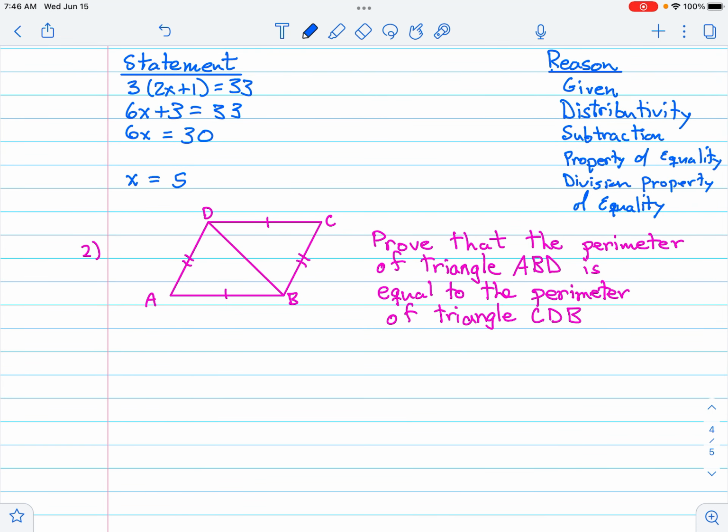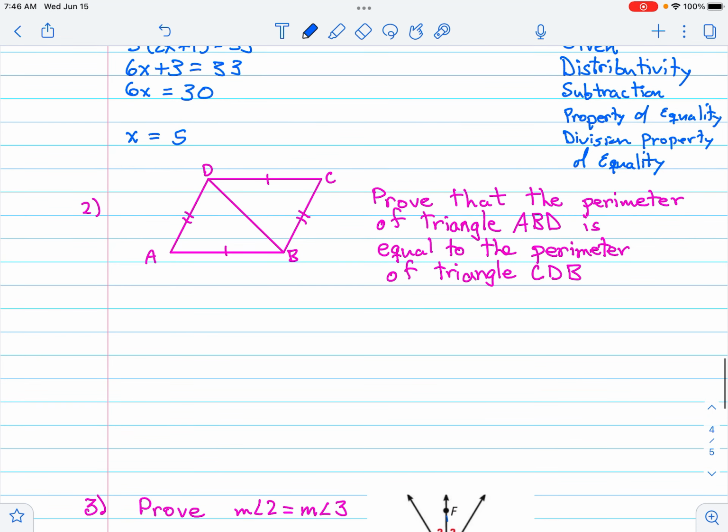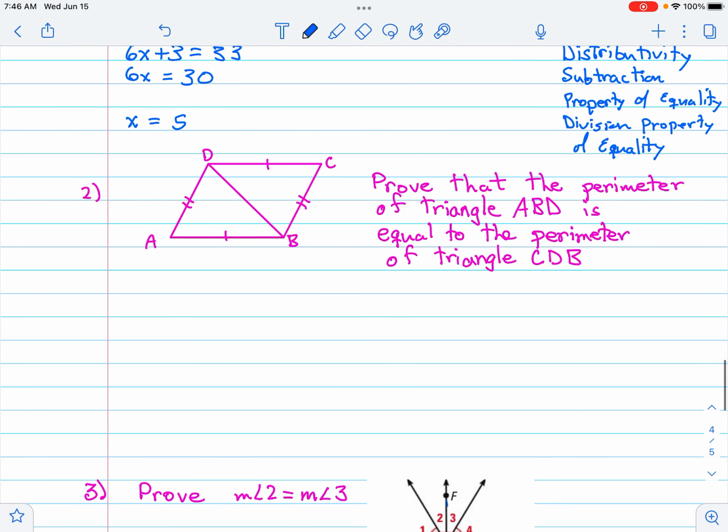Now, I'm going to work this second problem. I'm going to do the second proof in just paragraph form. In other words, things don't have to be as formal as this two column proof might indicate. So, for example, here's what I want to do. I want to show that the perimeter of this triangle right here is equal to the perimeter of this triangle over here.